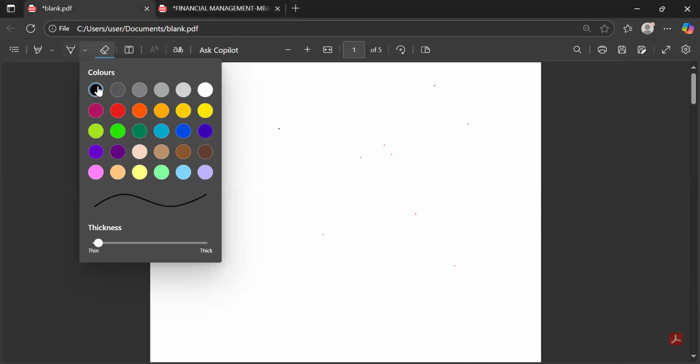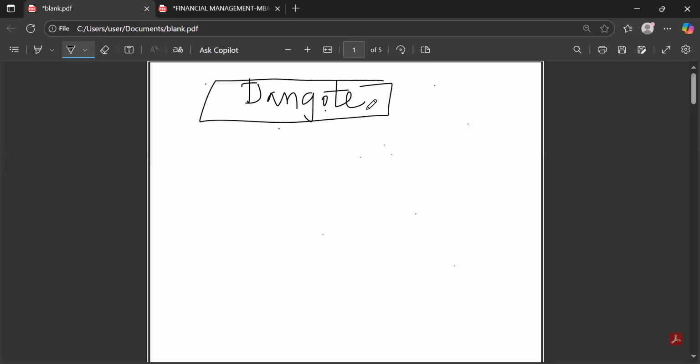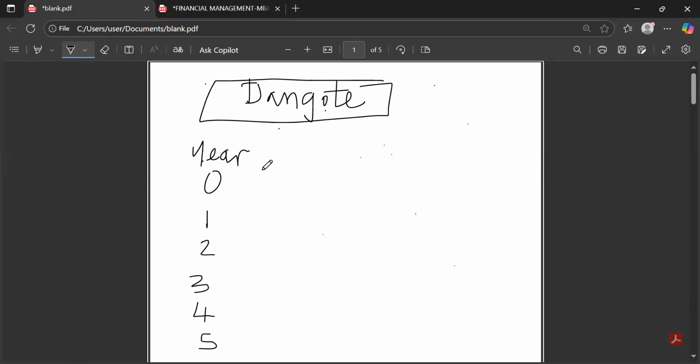So what we are simply saying is that for Dangote, we had the year 0, 1, 2, 3, 4, 5, and then we calculated the payback period already.